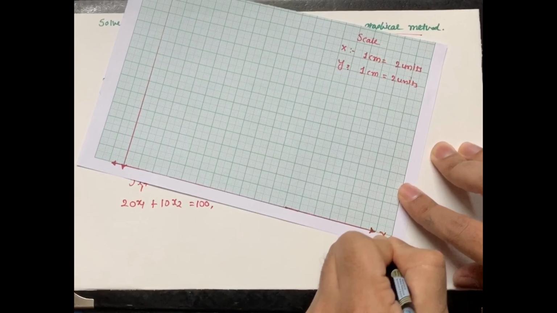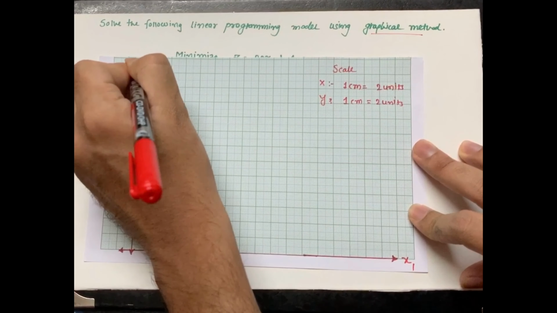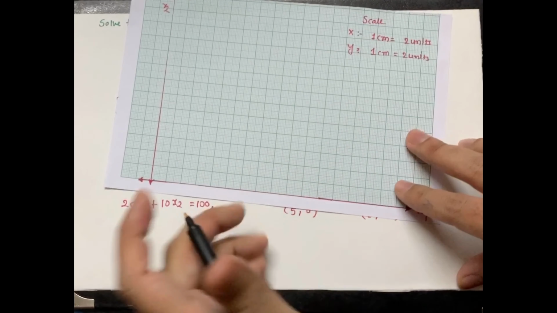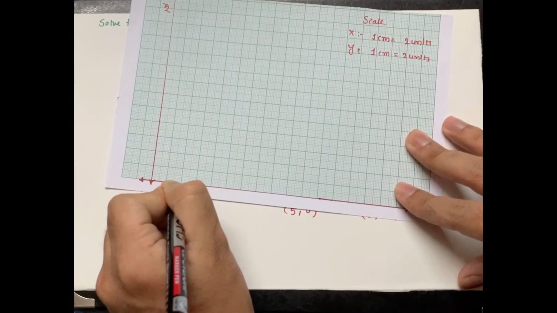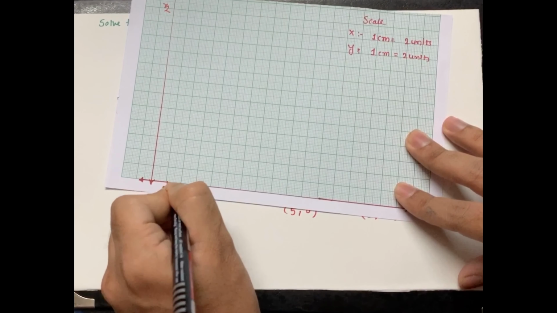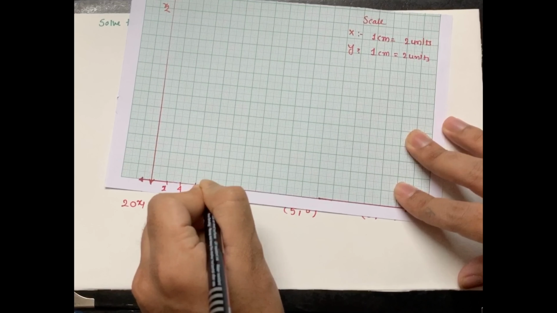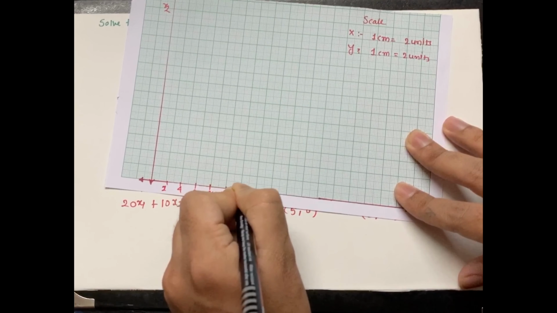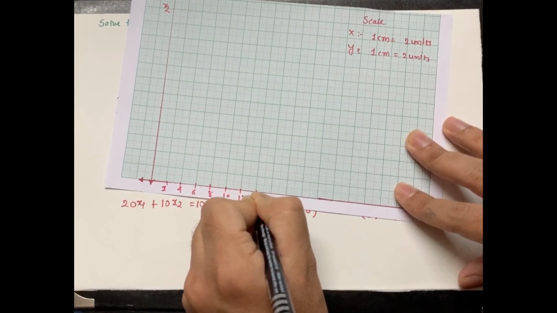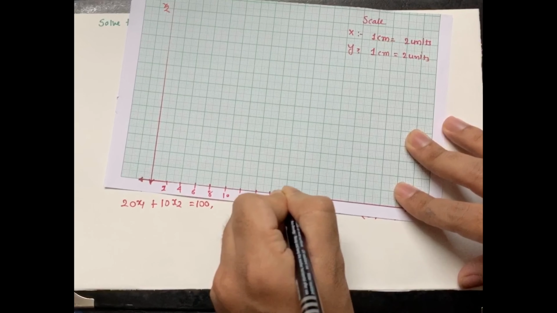So this is my x-axis, this is my x1 variable, this is my x2 variable. So this is 2, 4, 6, 8, 10, 12, 14, 16, 18.